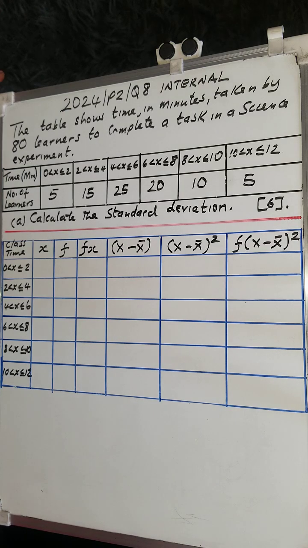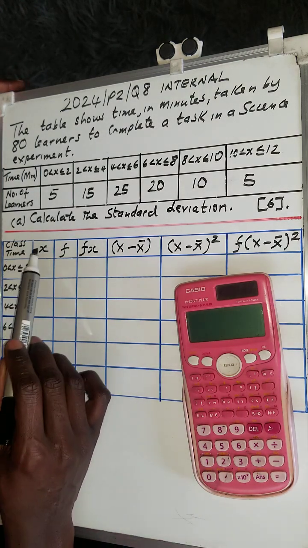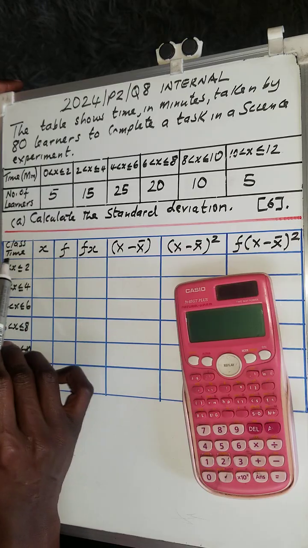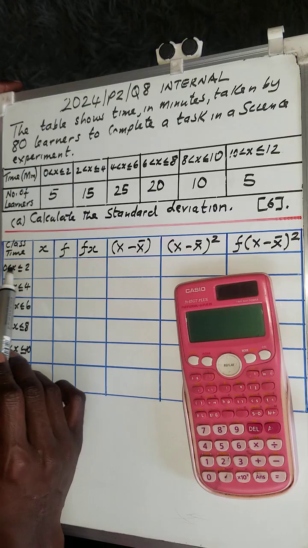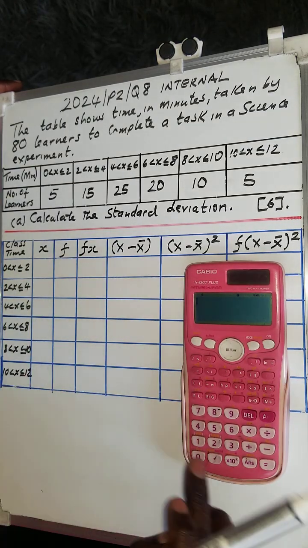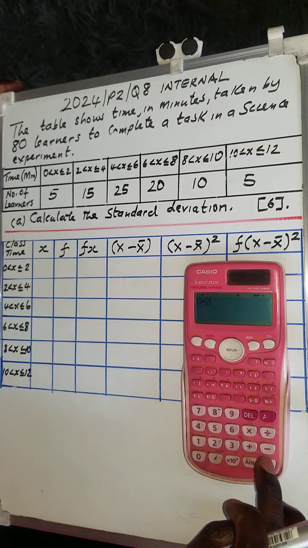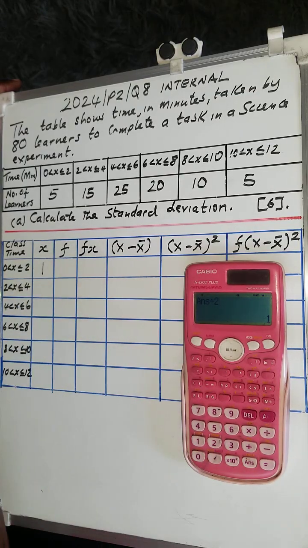Now in the next column, they want you to find the mid, what is halfway between the class time interval they have given you. So what is halfway between 0 and 2? It is a 1. If you're not so sure, you add 0 plus 2 and divide by 2. That will give you the mid values of x.